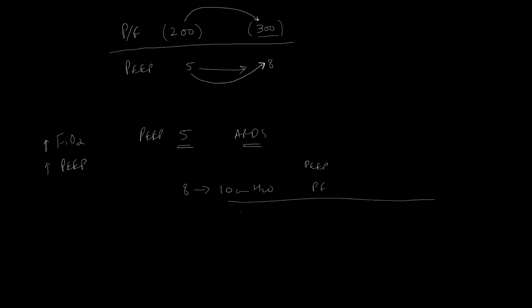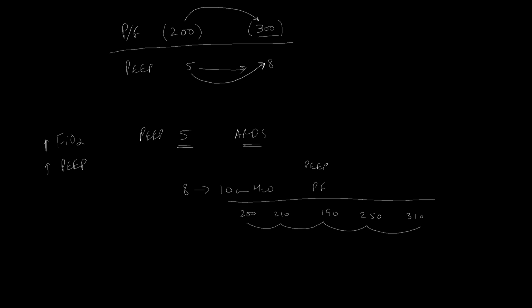For example, the PF ratio was 200, then it became 210, maybe 190, maybe 250, and maybe the patient improved and it became 310. As long as the PEEP was the same in all these readings, you can compare them.